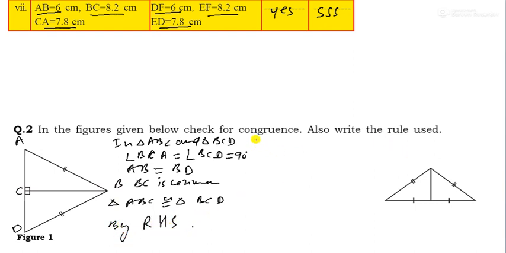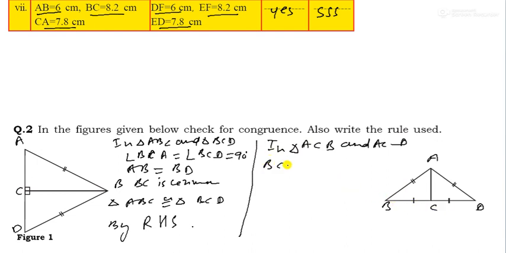Now in this figure, you can put the names A, B, C and D. It is very clear that in triangle ACB and ACD, it is given in your figure BC is equal to CD.